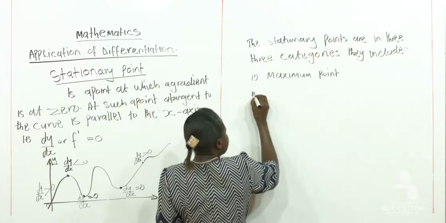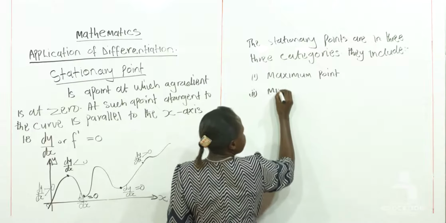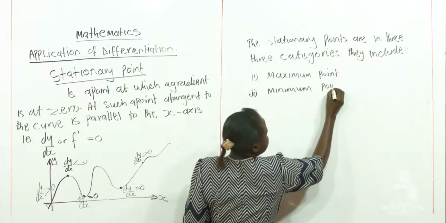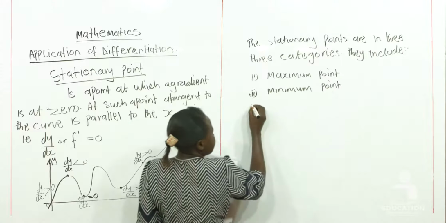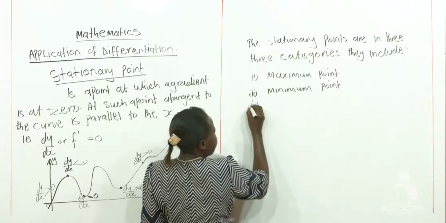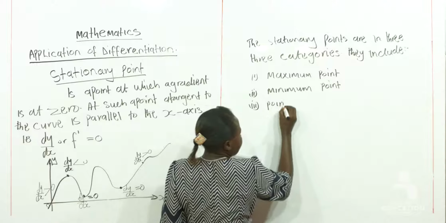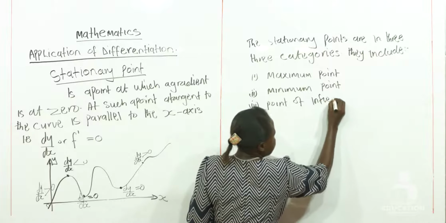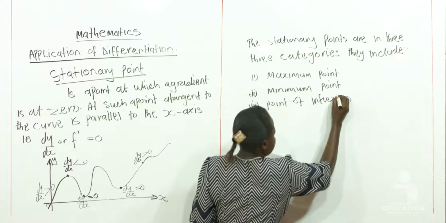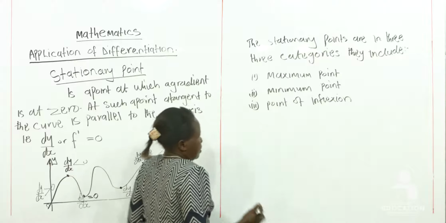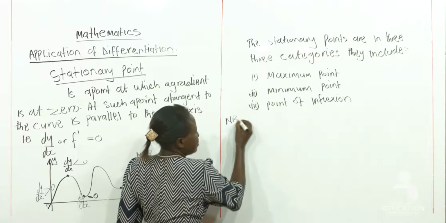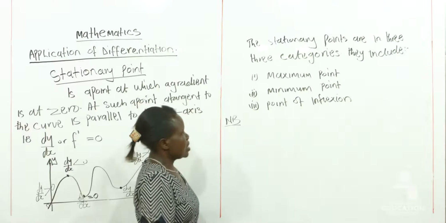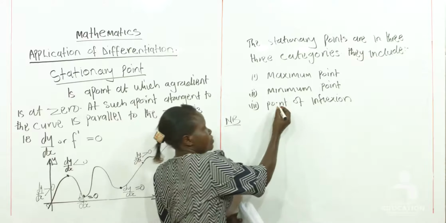And then 2, we have minimum points or minimum turn. And then 3, we have point of inflection. So those are the 3 main categories of stationary points. We have a maximum, we have a minimum, and then the point of inflection.